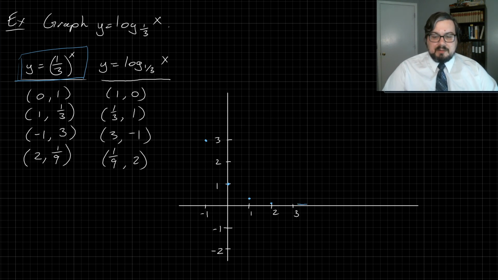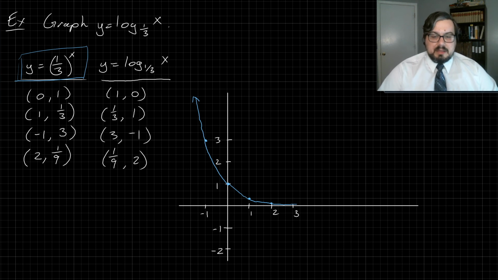And so the graph of the exponential is going to look like this with the horizontal asymptote at y equals 0, and going up like this.